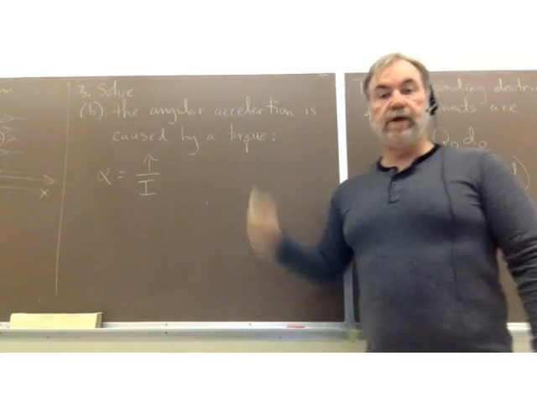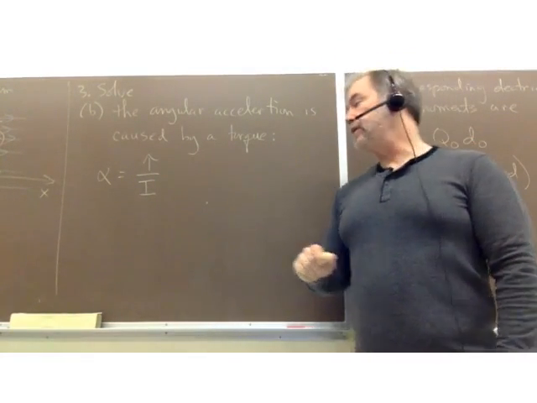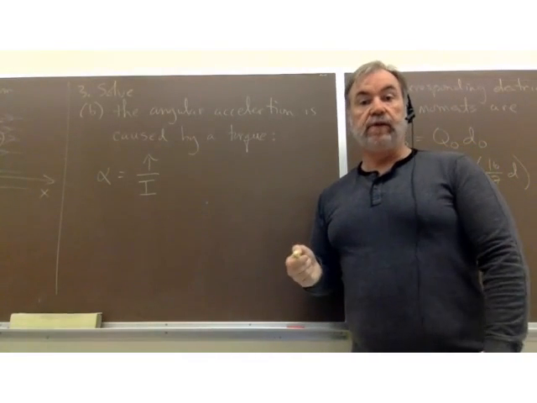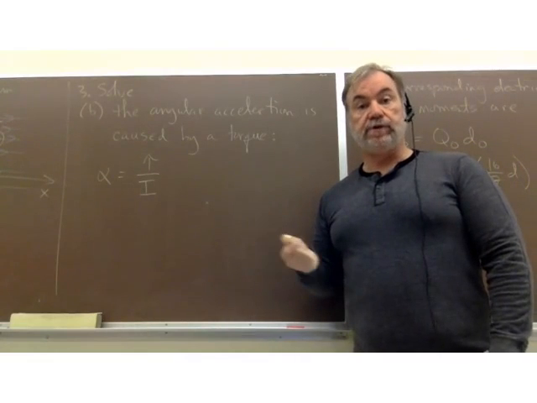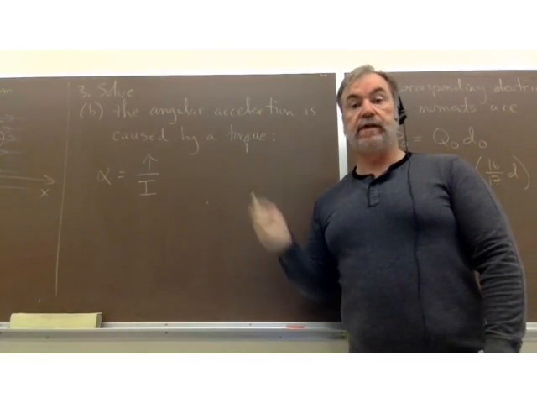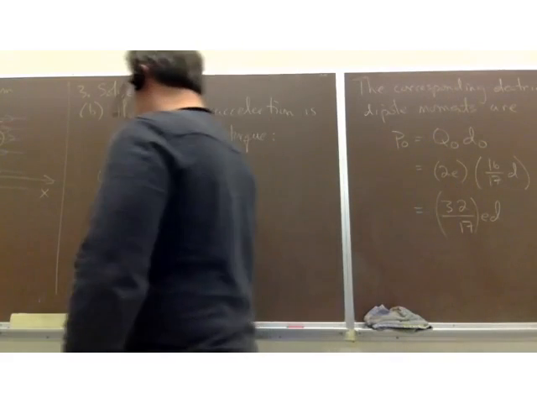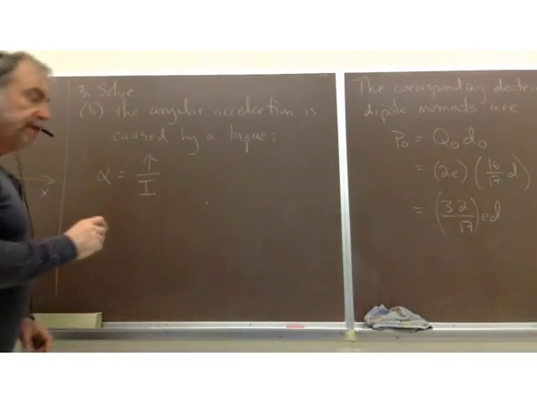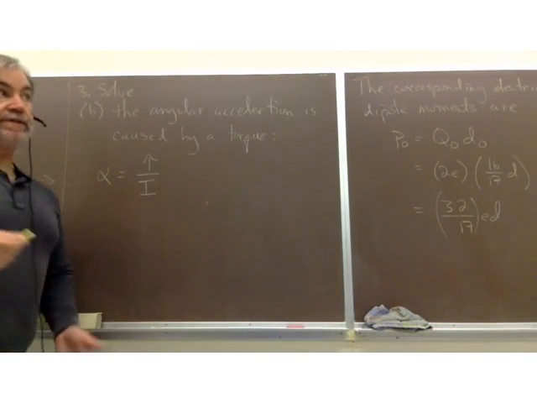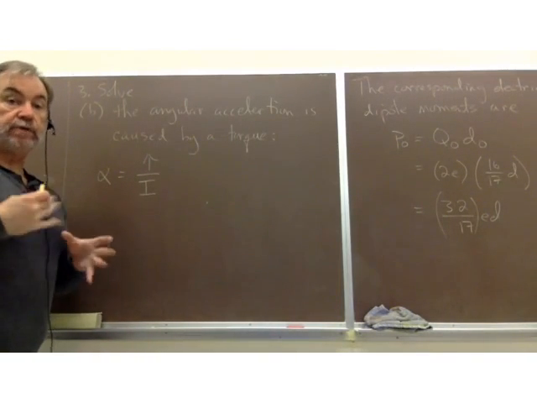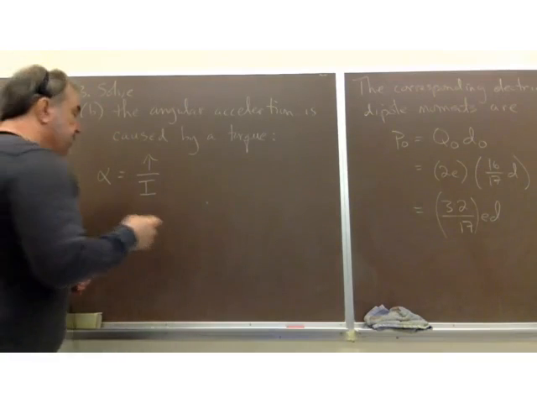I hope that you have heard of the moment of inertia and that you sort of remember what it's all about. It's effectively the equivalent in rotations to what mass is in straight line motion and translations.